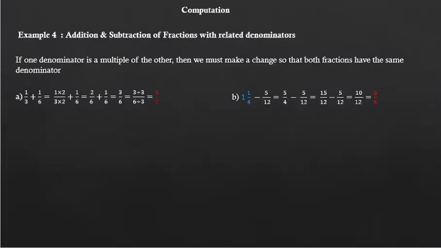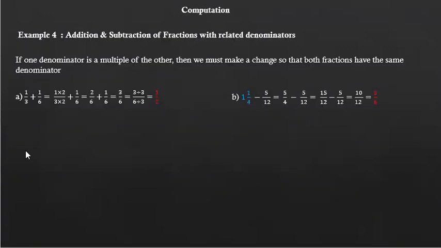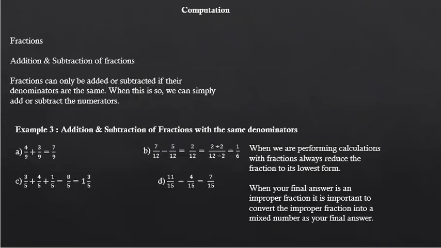Last time we dealt with fractions that have the same denominator and fractions that have related denominators, right? Now we see here that fractions can only be added or subtracted if their denominators are the same. When this is so, we can simply add or subtract the numerators.